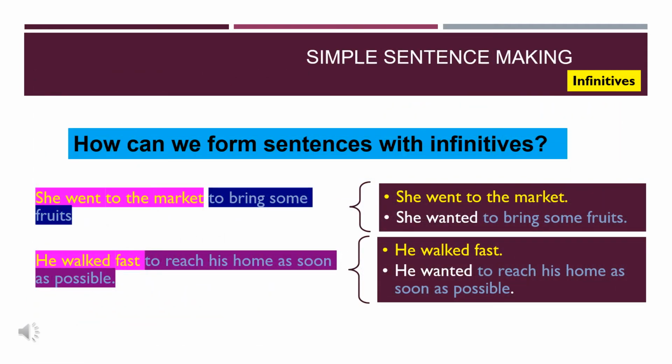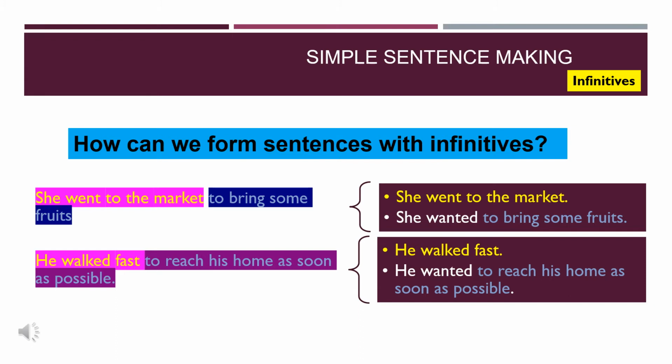So we have learned how to form infinitives from verbs, and now we will learn how to form sentences from infinitives. Look, I have taken two sentences. She went to the market, number one. The second sentence is she wanted to bring some food. So why did she go to the market? The answer is to bring some fruits.